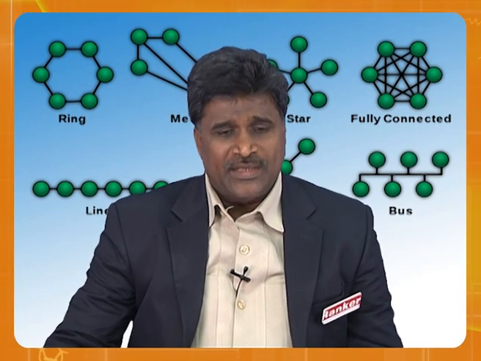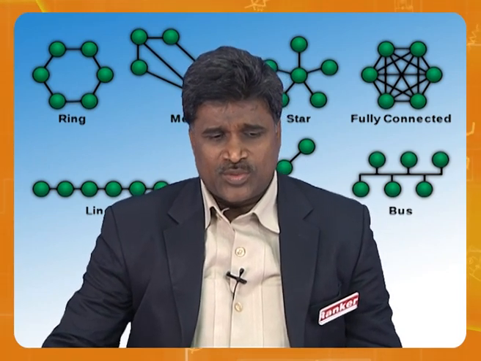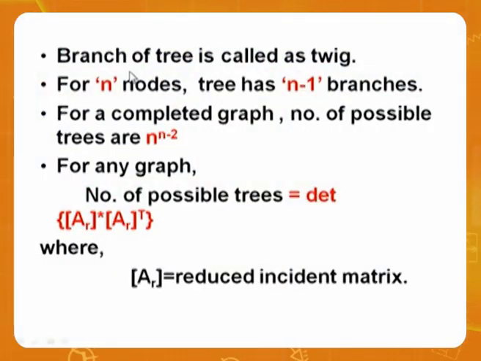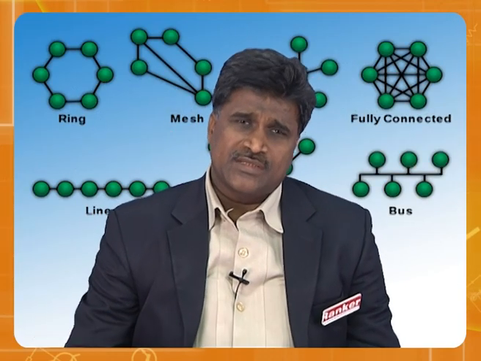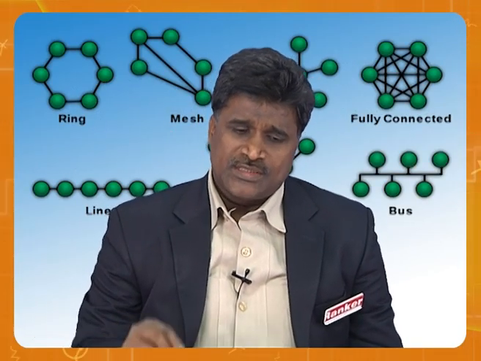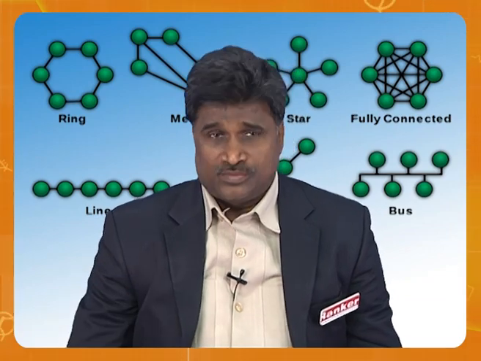There are some properties of a tree. Please observe as I go along. A branch of a tree is called a twig. Another name for a branch is twig. Suppose there are n nodes, a tree has n minus 1 branches. For a complete graph, the number of possible trees is n power n minus 2. It's very important; this question came many times in the exam. So please note this: n power n minus 2.